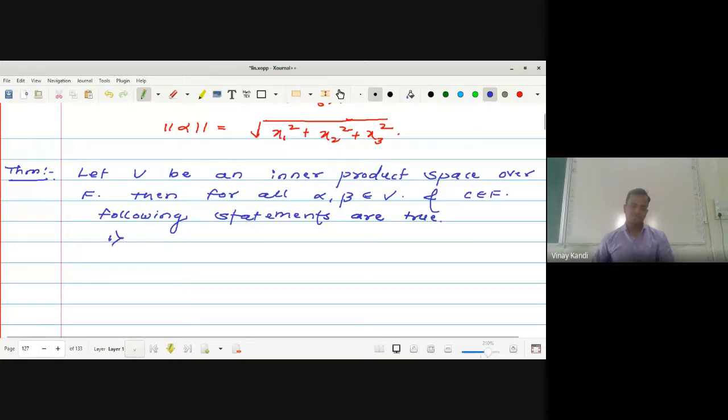First one: the norm of c into alpha is equal to mod of c into the norm of alpha. Whenever the scalar comes out of the norm, it becomes mod of c into the norm of alpha. And the second one: the norm of alpha is equal to 0 if and only if alpha is equal to 0.